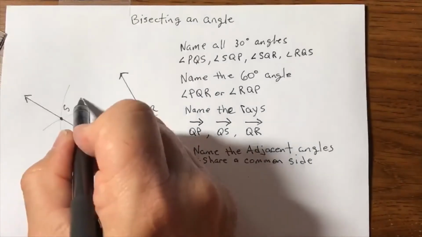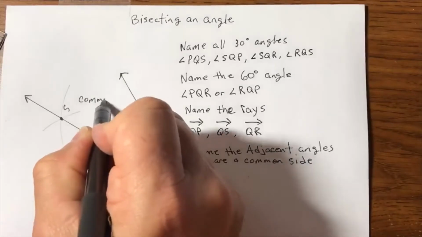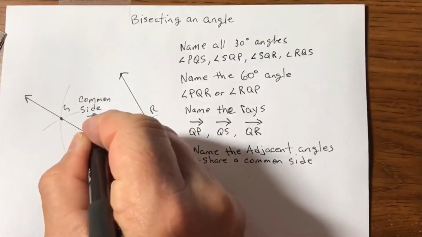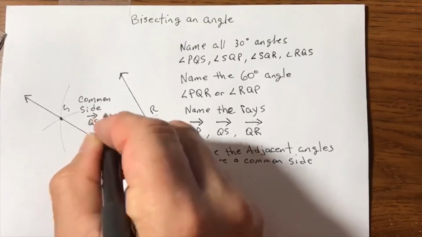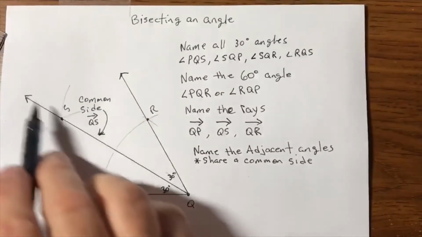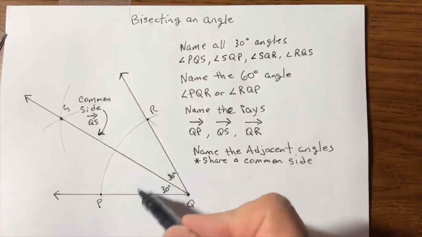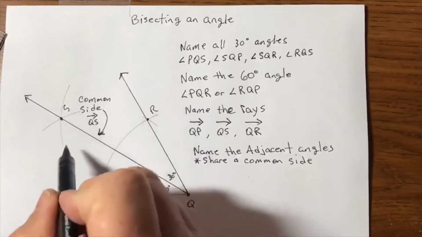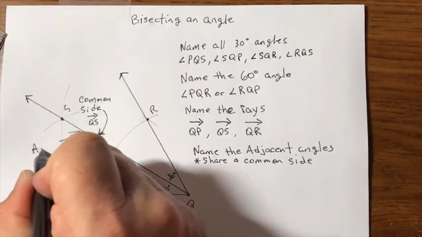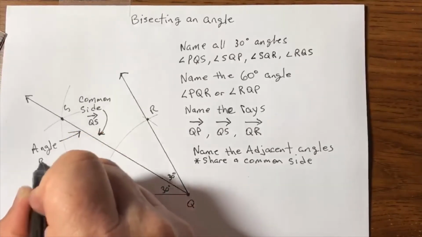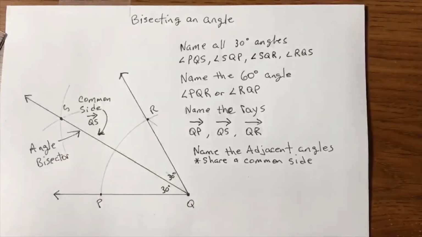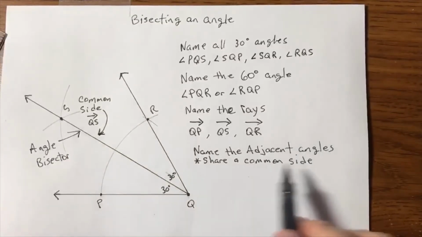Alright, so the common side is the ray QS. Okay, right here. This ray QS is not only the common side of the adjacent angles, it's also the angle bisector. Write that in here. Okay, so name the adjacent angles.